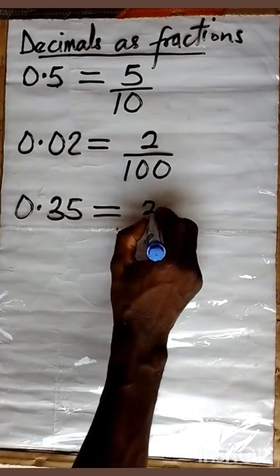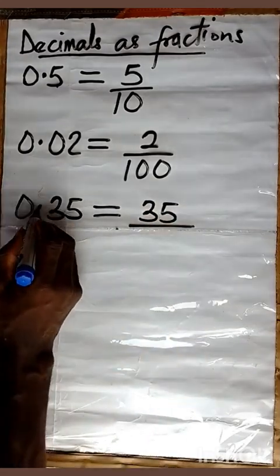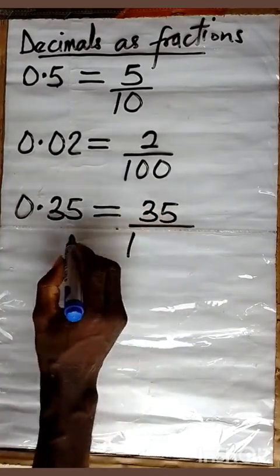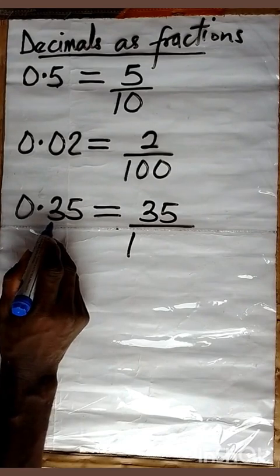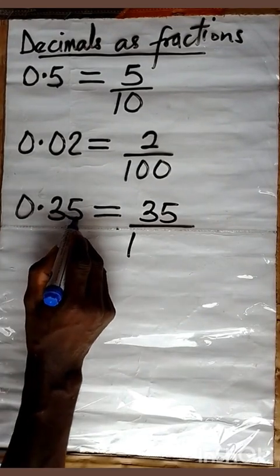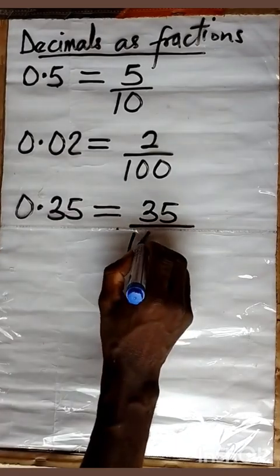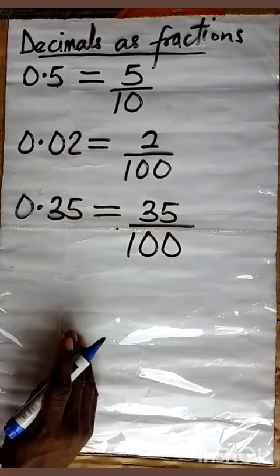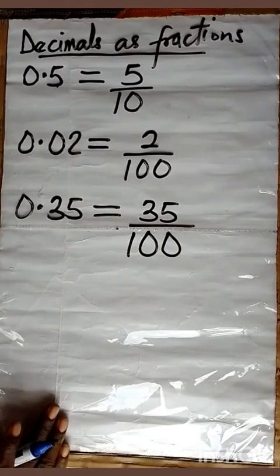So we have 35 over 1, and then I count the digits: 1, 2. I have 2 digits, and then I put 2 zeros.